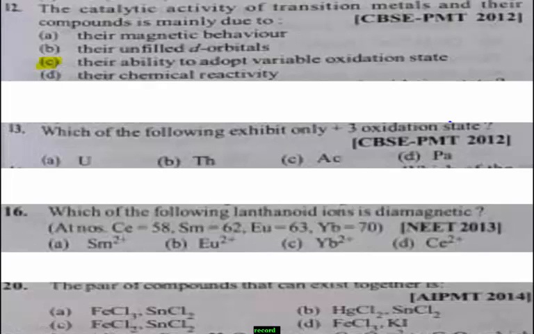If you want to write the electronic configuration of all the given elements, in that first one, actinium, its electron configuration is 6d1 7s2, therefore it has only 3 electrons available to lose. And other options like thorium show +3 and +4 oxidation states. Protactinium, meaning Pa, shows +3, +4, +5 oxidation states. And uranium shows variable oxidation states like +3, +4, +5 and +6.